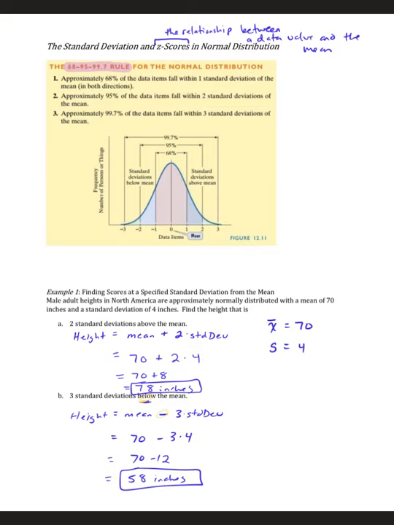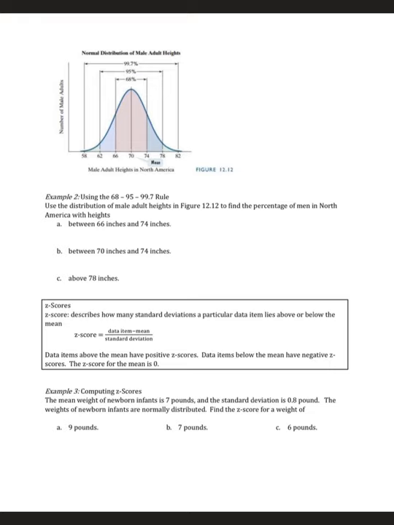Okay, looking at the next page. So now it tells us to use the rule here. It says using the 68, 95, 99.7 rule, use the distribution of male heights in the figure above to find the percentage of men in North America with heights between 66 inches and 74.